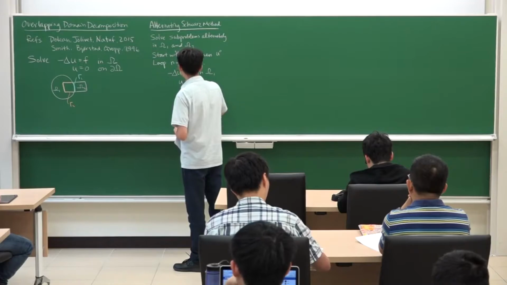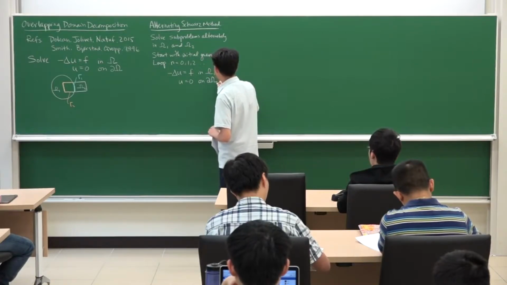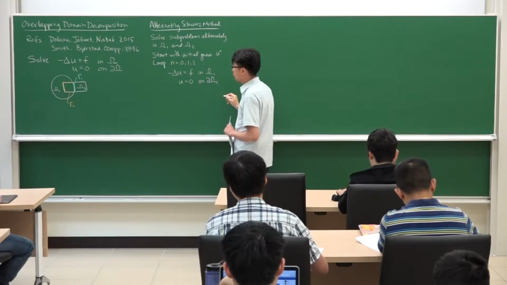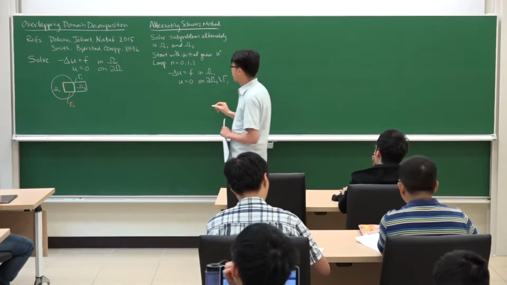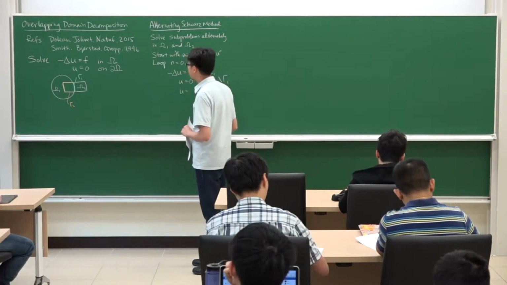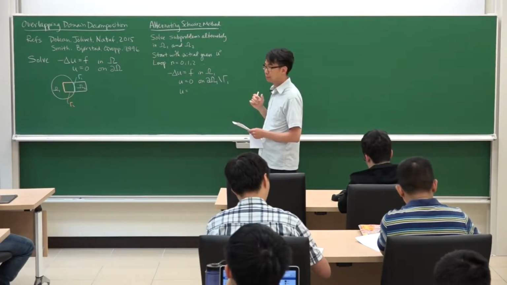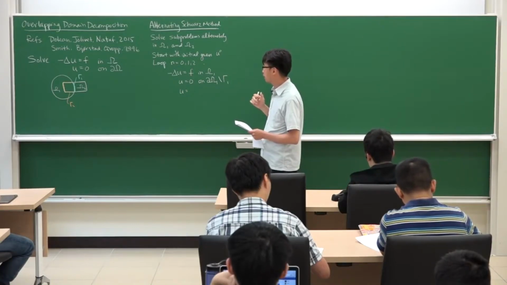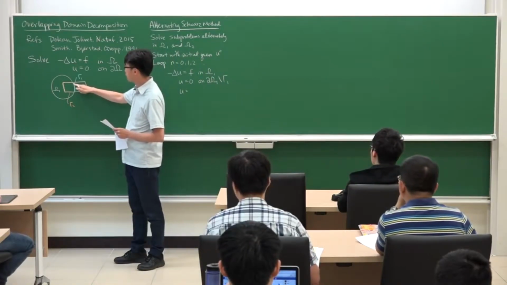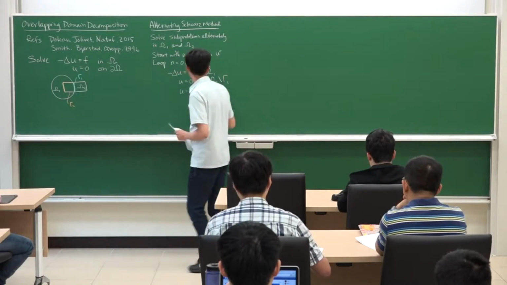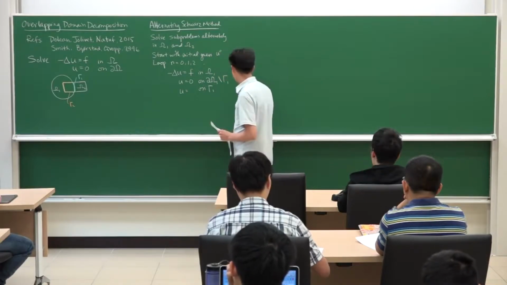So u equals 0 on the boundary of omega 1, but not including this interface, this blue interface. Okay, and we have u equal to something, whatever value we have of the solution on this boundary, on gamma 1.